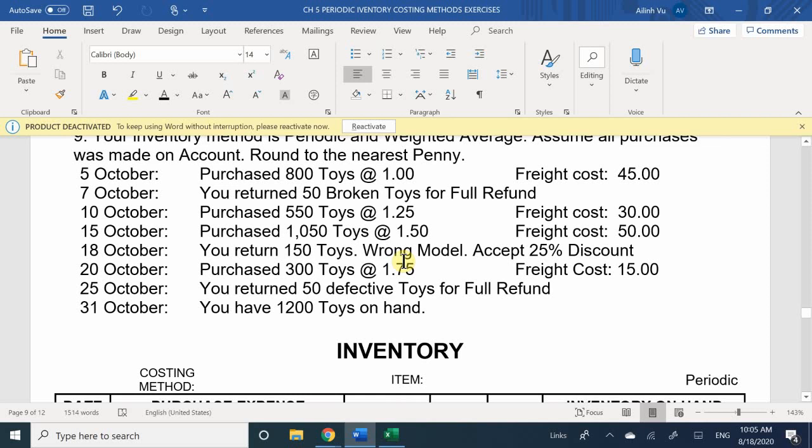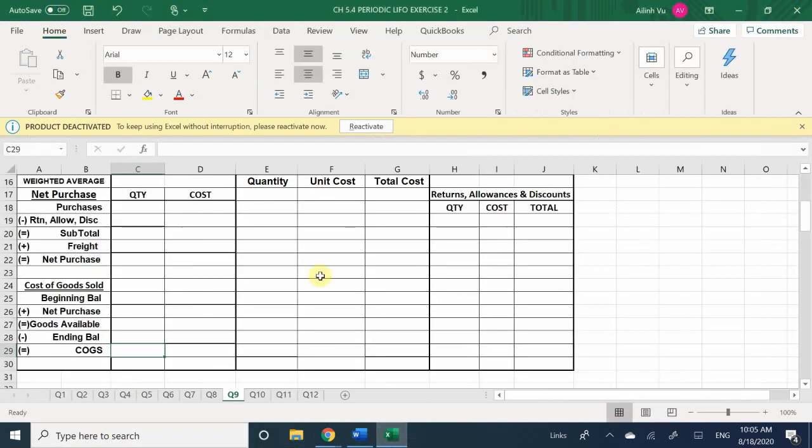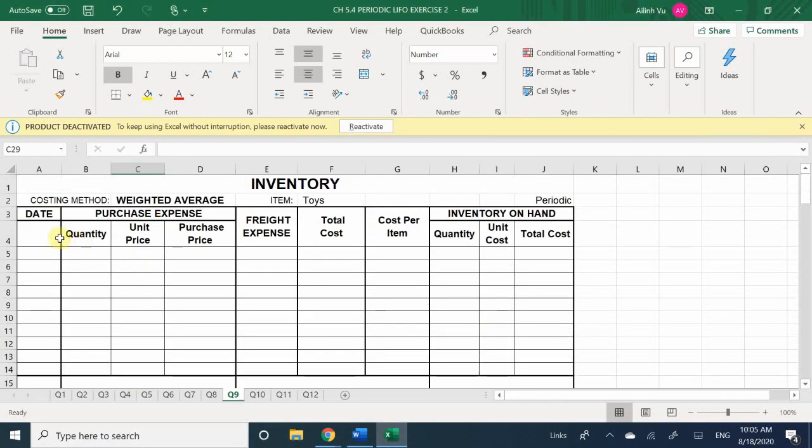All right, so let's go ahead and get started. So what happened on October 5th? 800 toys at $1 was purchased. Okay, 45. So here, October 5th, we have 800 toys at $1.